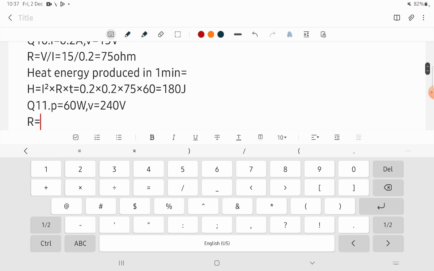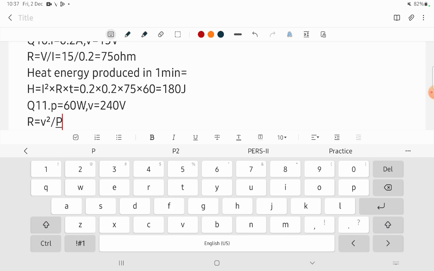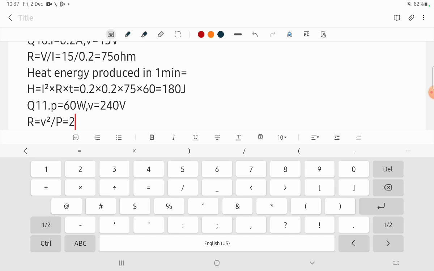So R is equal to V square by P. So V square equal to 240 into 240 by P equals 60.